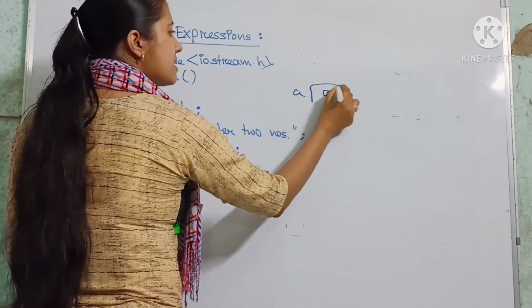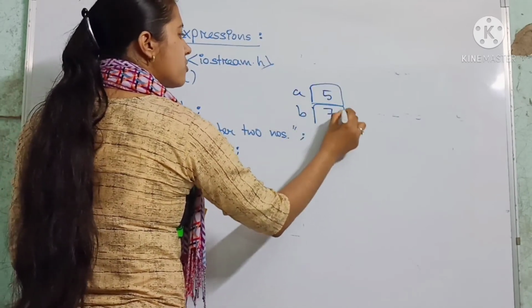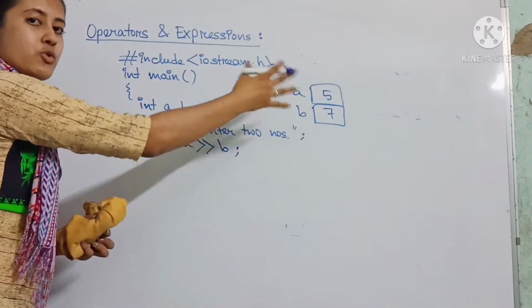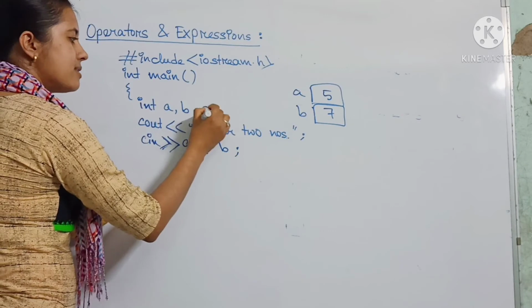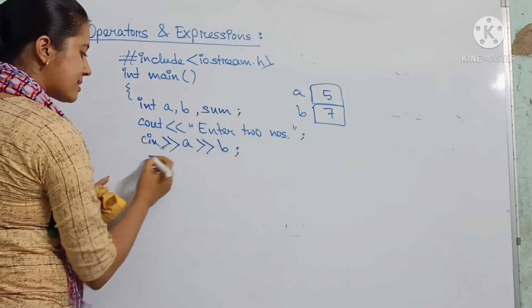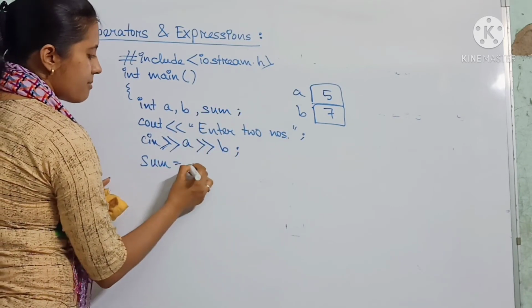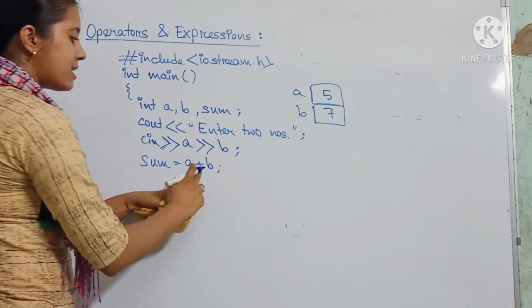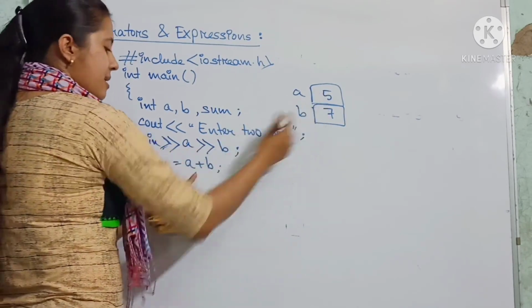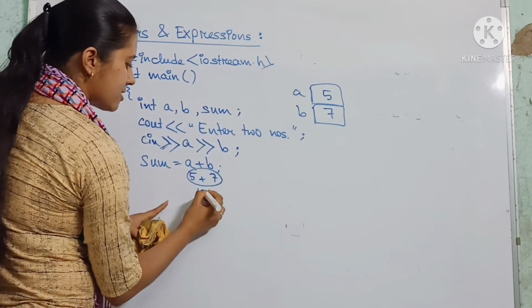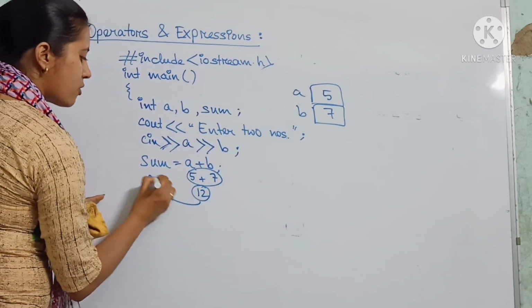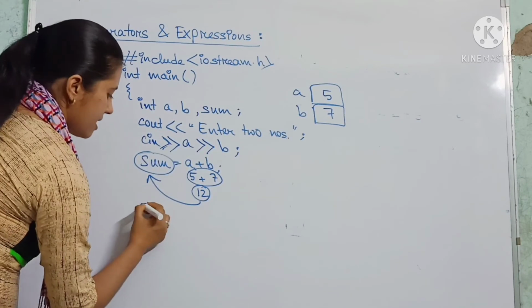So 5 will be stored inside A and 7 will be stored inside B. These will be the two memory locations. Then we need another variable, sum, for calculating the sum. The calculation part will be A plus B. A is having 5, B is having 7, so it will add these two values, which comes out to be 12, and store this in the sum variable.